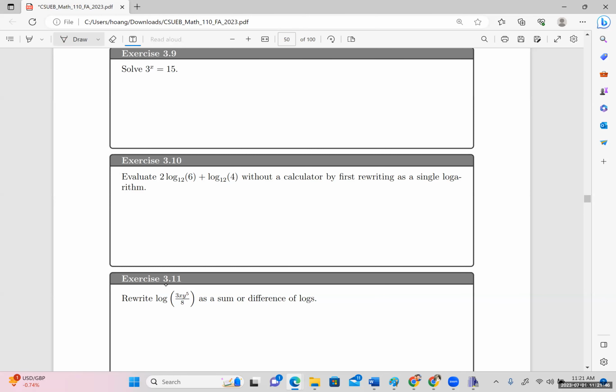Let me give you the answer key for this. It would be 2.465. This one could be 2.